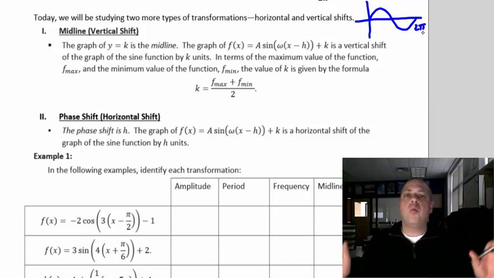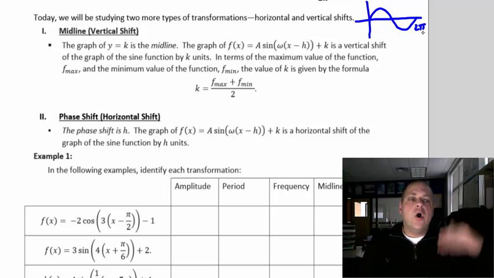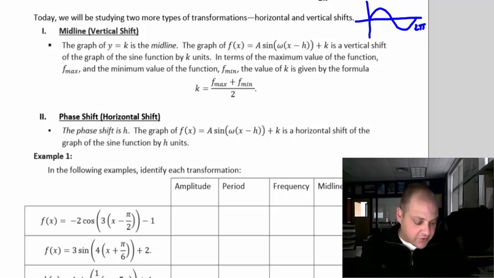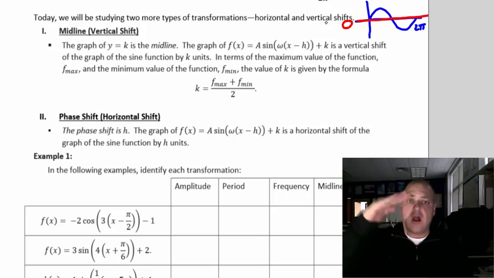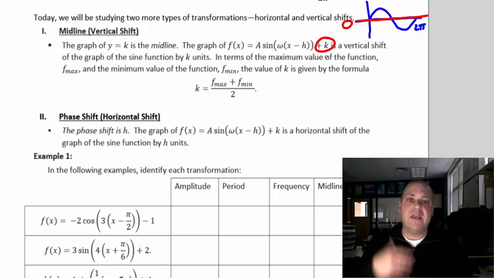If there is no shift up and down, the midline of the graph is the x-axis, the line y equals 0.